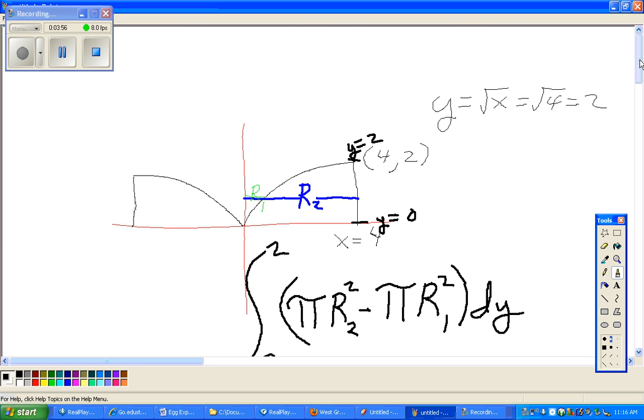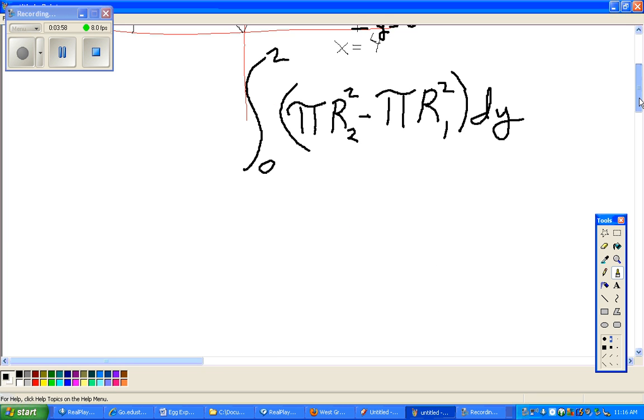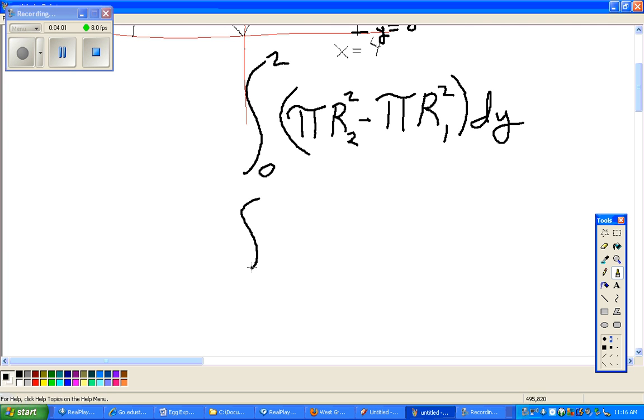So I would probably call this whichever x is lining up with radius 2, and that radius is squared. And then whichever radius lines up with R1 is squared.